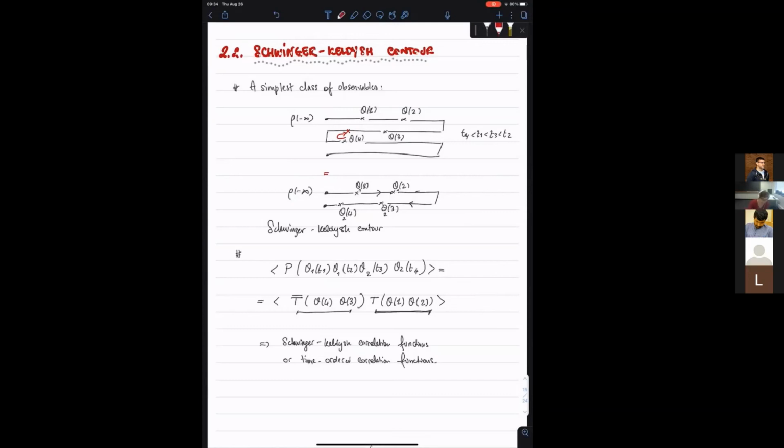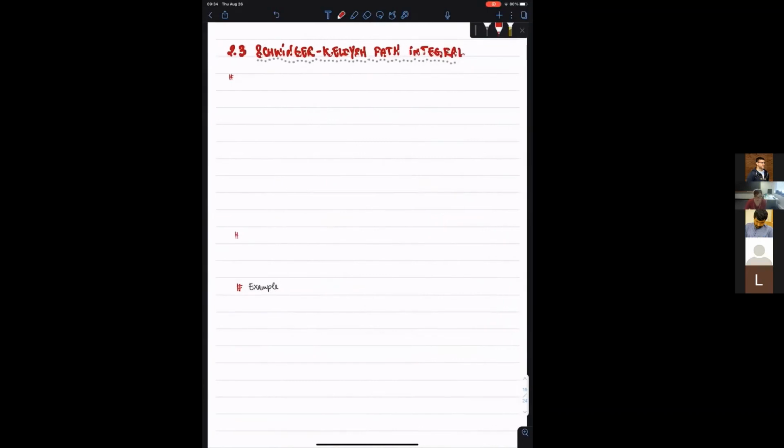Okay, so these types of contours are central to our discussion. These Schwinger-Keldysh type contours and Schwinger-Keldysh type operators. So we want a more formal way of defining these correlation functions and contours.